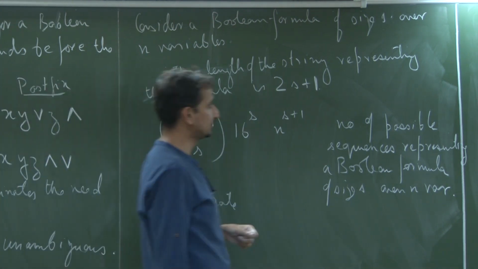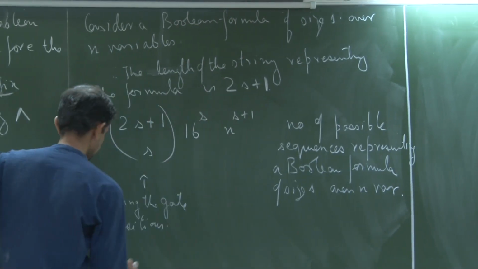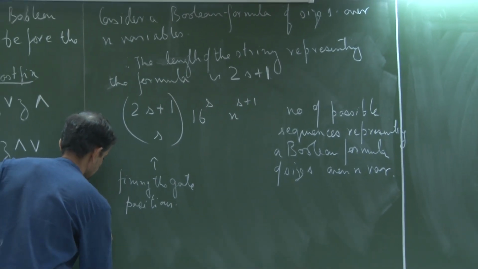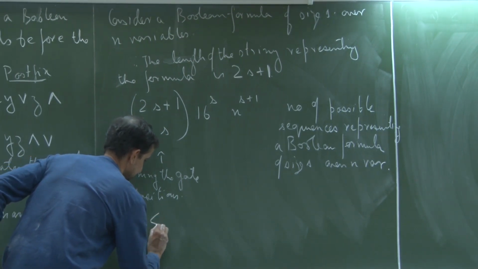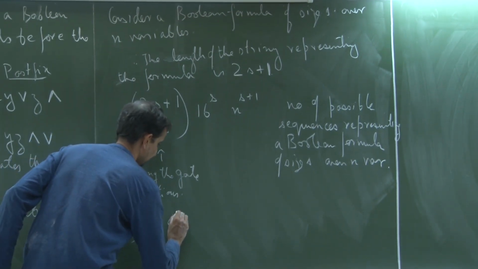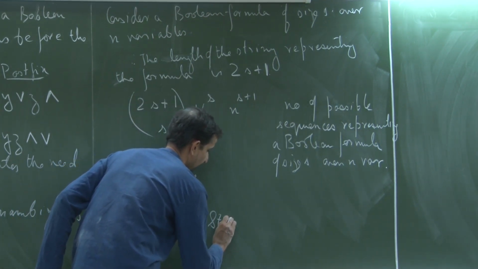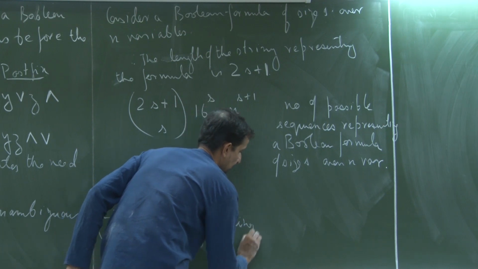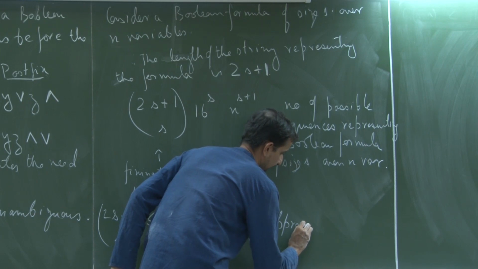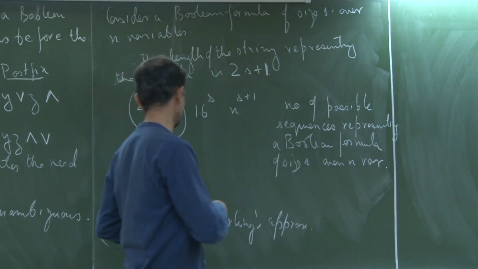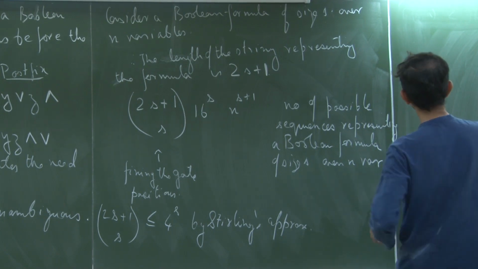We use Stirling's approximation over here, and we can simplify this, so the quantity 2s plus 1 choose s is upper bounded by 4 to the power s by Stirling's approximation.